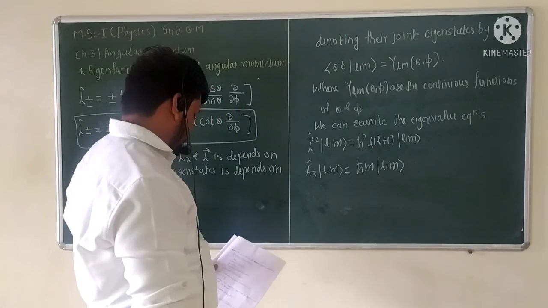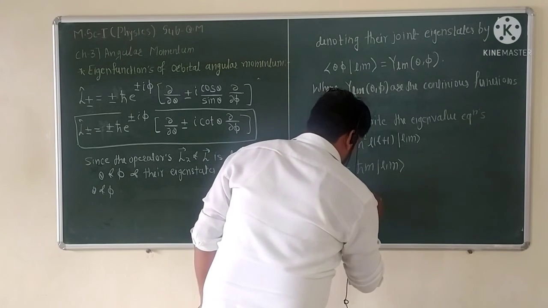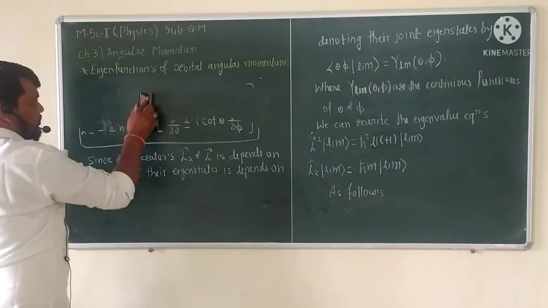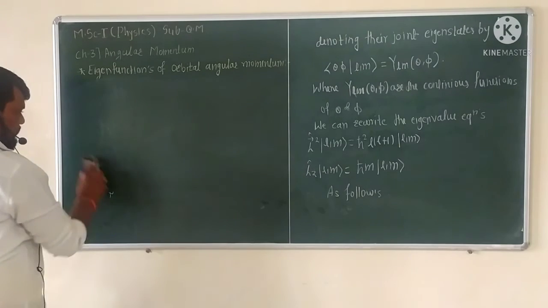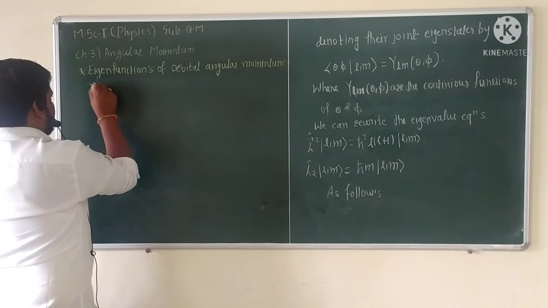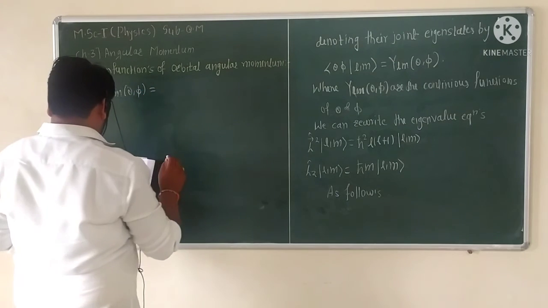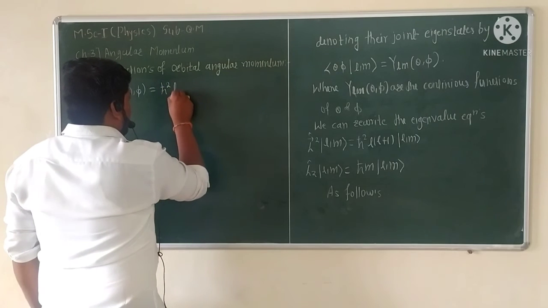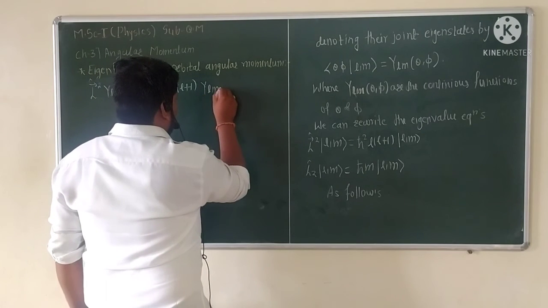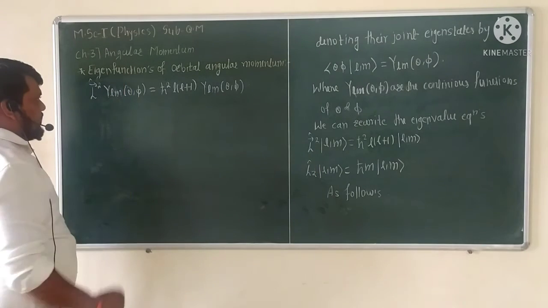We can rewrite this in terms of Y Lm of theta phi: L square of Y Lm of theta and phi is equal to h cross square L into L plus 1 Y Lm of theta and phi.